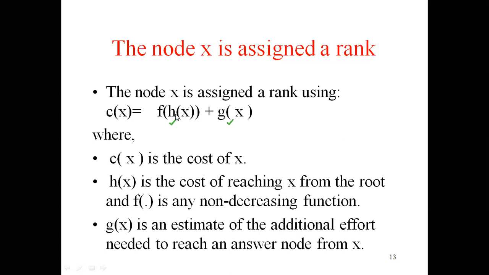Now we are considering g of x and g of y. g of y is less than or equal to g of x. Hence, following x, y will become the E node.